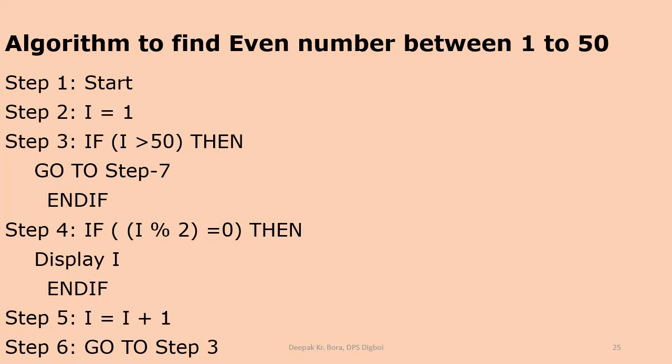The next example is the algorithm to find even numbers between 1 to 50. Here it is a problem of loop, that is, the repetition is there. Let us see how to write the algorithm. Step 1, start. Step 2, I is equal to 1. We have taken a variable I and assigned it 1.